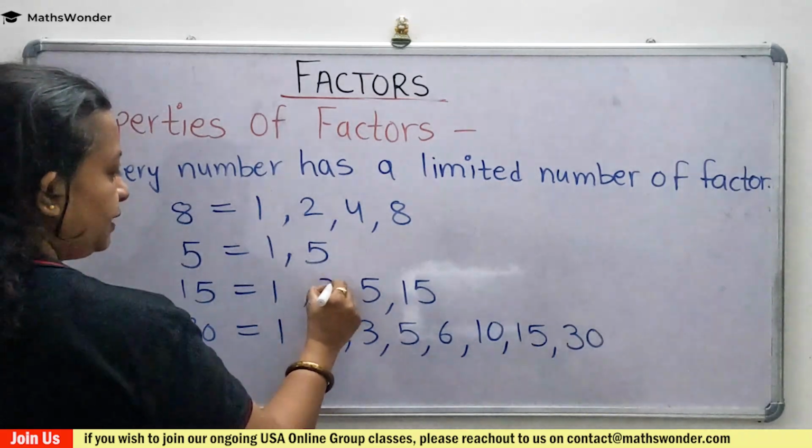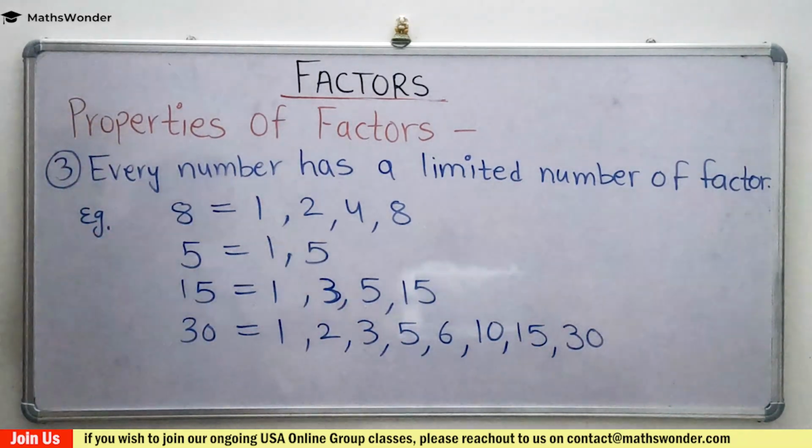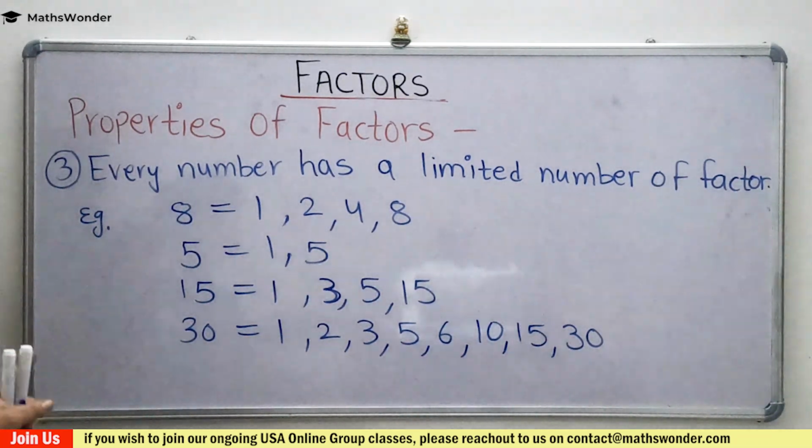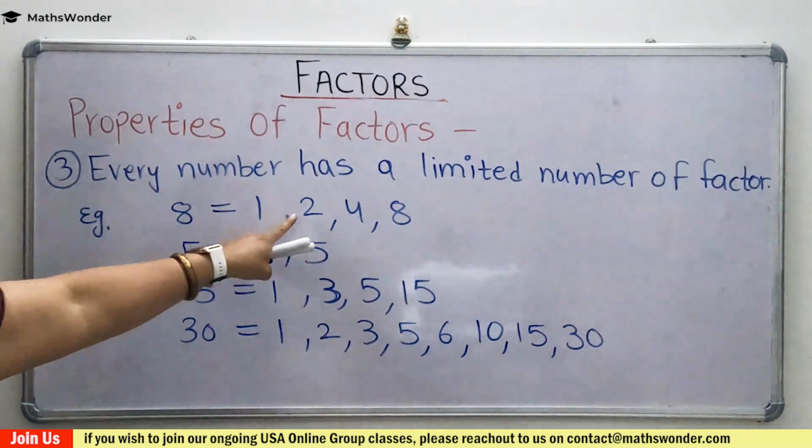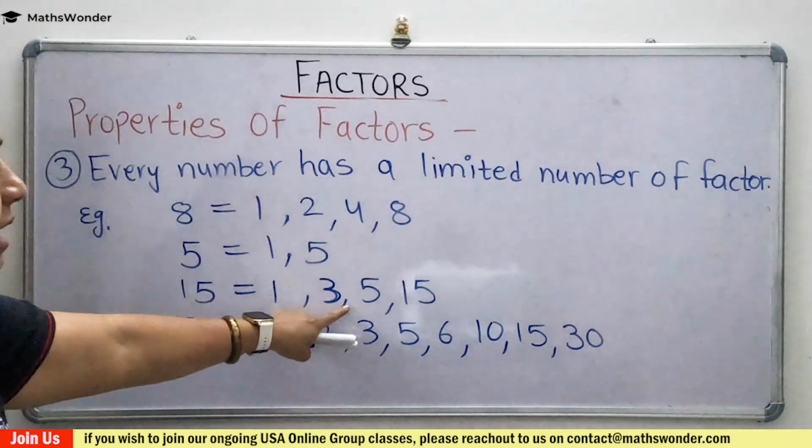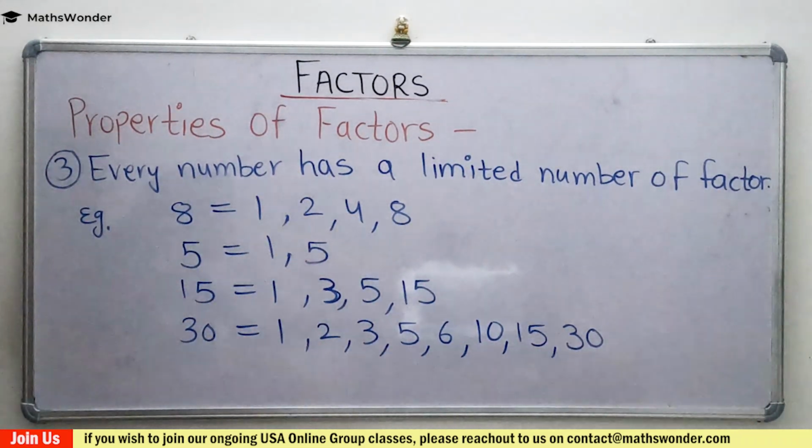How many factors of 15? 4. How many factors of 60? 6. So there is a limited number of factors, or you can say the number of factors is countable. You can count it. These are 4, these are 2, these are 4, these are 6. So the number of factors of a given number is always finite.